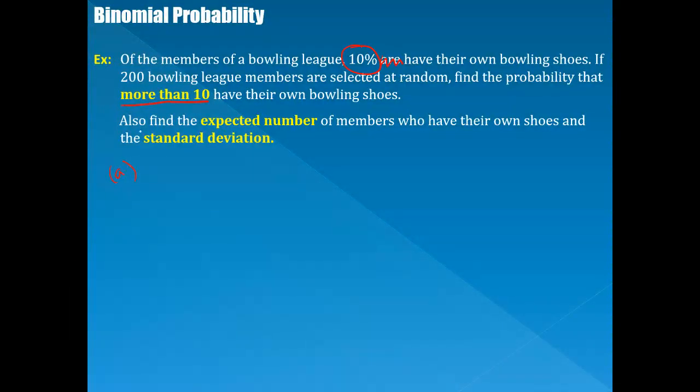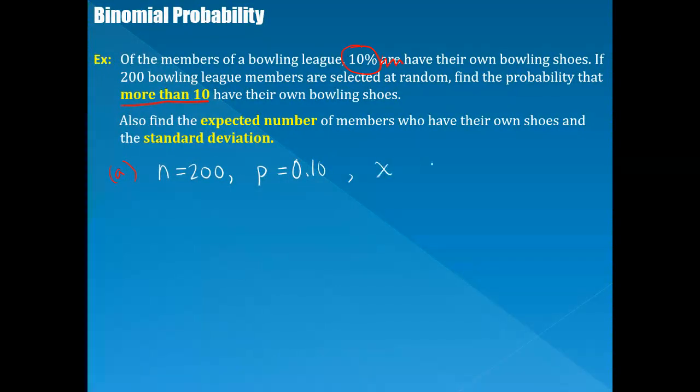So let's think through this. So I have N is 200. The probability of a success, P, is 10%, so 0.10.